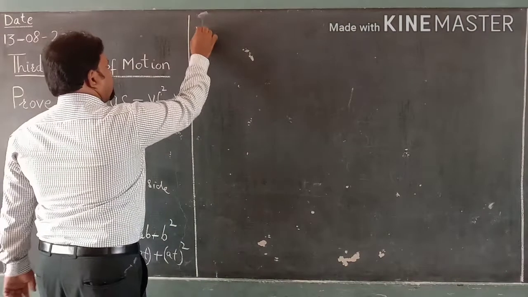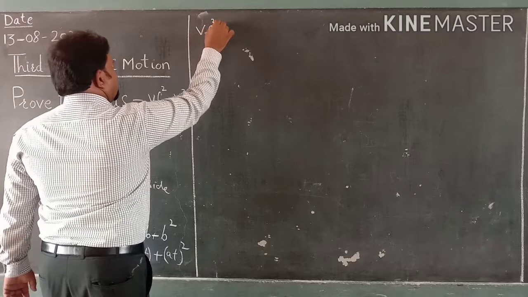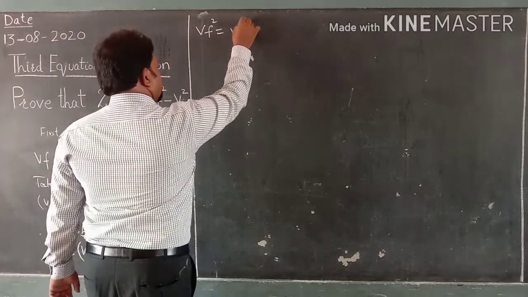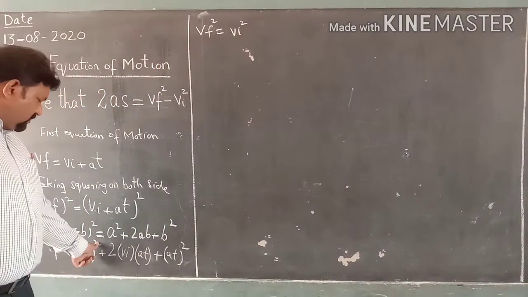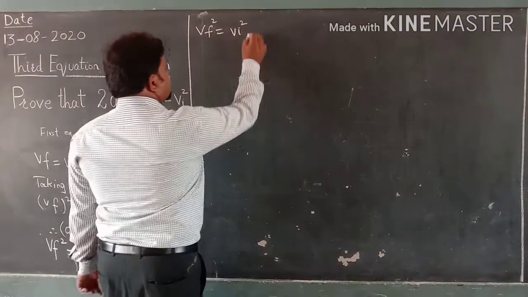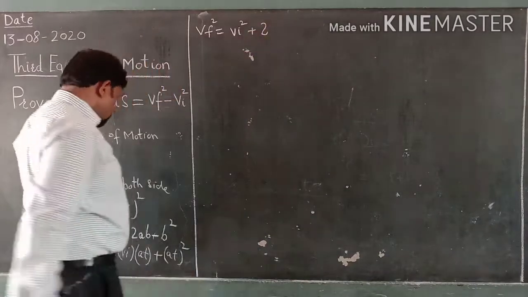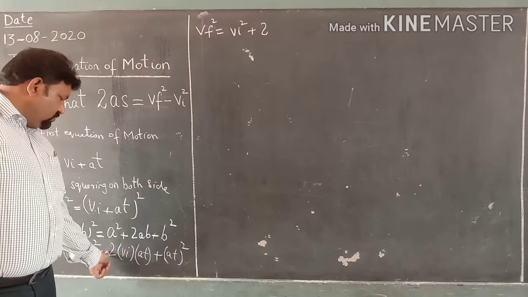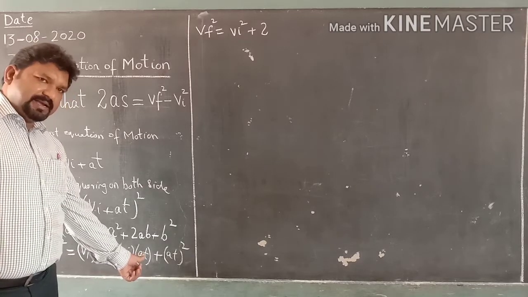So in the next step we will write Vf square is equal to Vi square, this one, Vi whole square, Vi square plus 2. There are three things multiplying: 2, Vi and At.